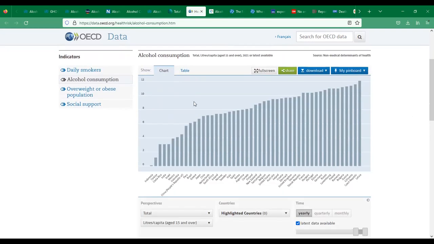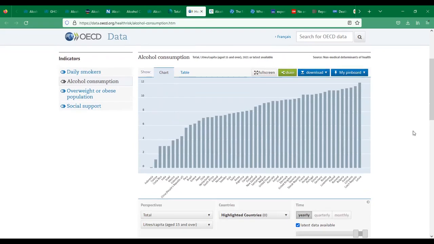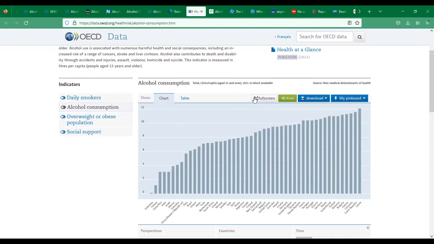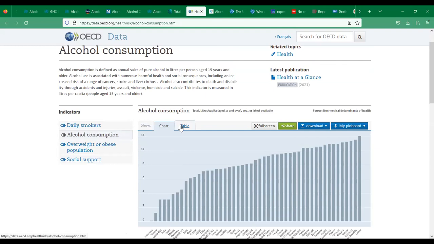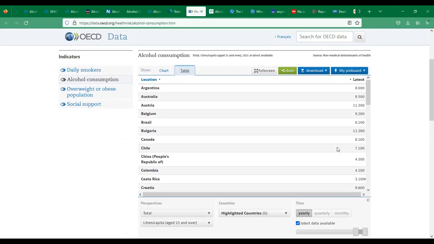So what we have here is a chart showing alcohol consumption for 2021, which is more recent, and it shows the countries. We see 2020 has the highest countries. Our table does not show them in order.